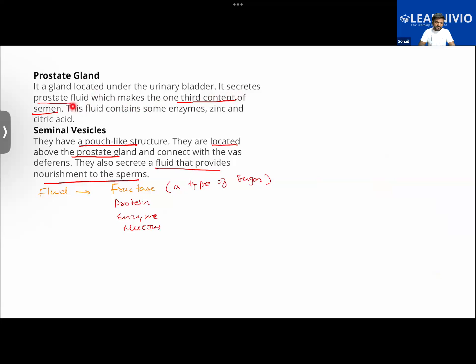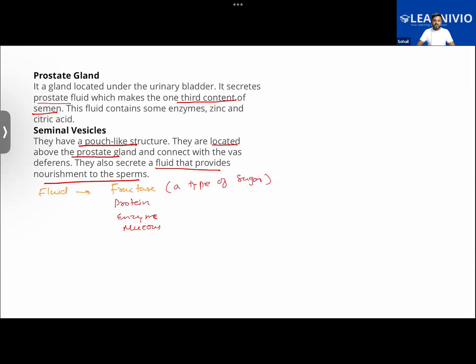Its primary function is to supply prostate fluid, which has enzymes, zinc, and citric acid, essential for the sperm. Got this?